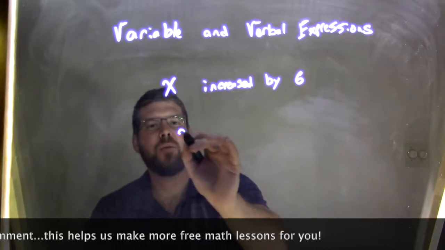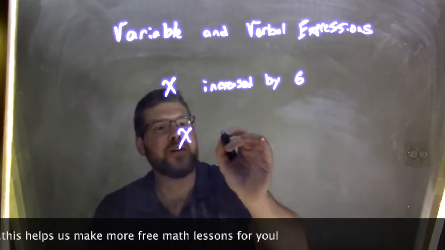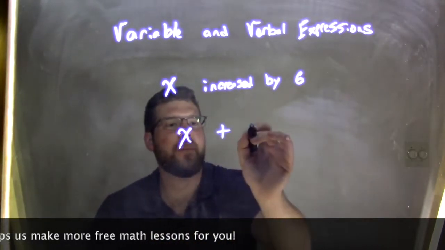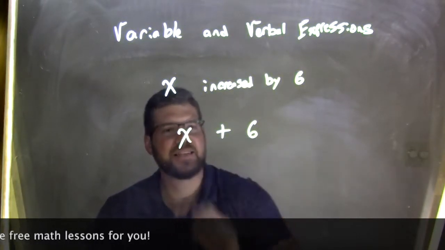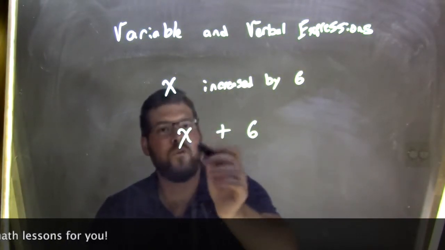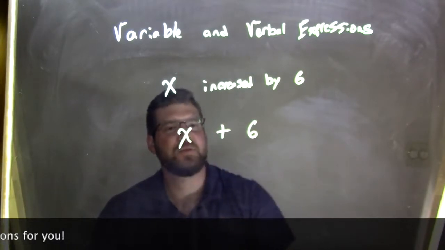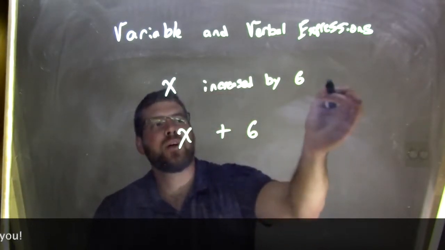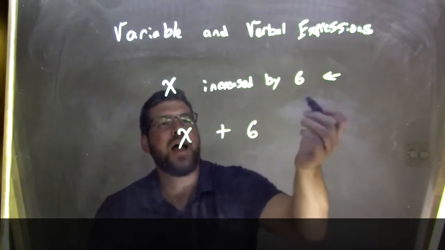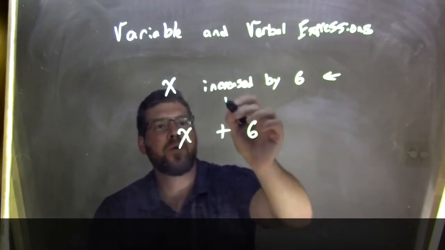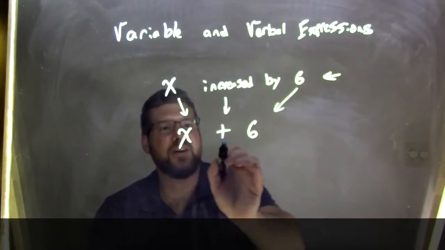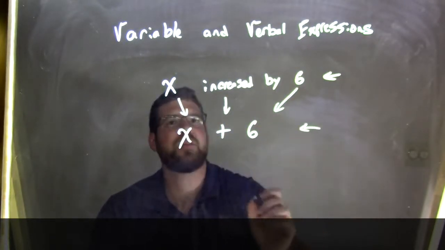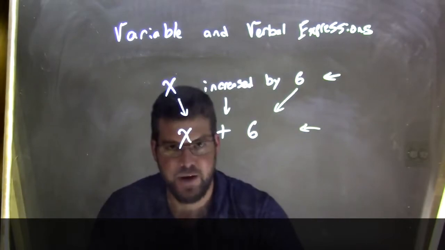So I take the variable x. x is increased by 6. So we take x, we're increasing it, we're adding 6 to it. So whatever that x is, our variable, we're adding 6 to it. Here's our verbal expression right here, and then we can convert that. Increased, 6 comes down, x is here. So x is increased by 6, and this is our variable expression.